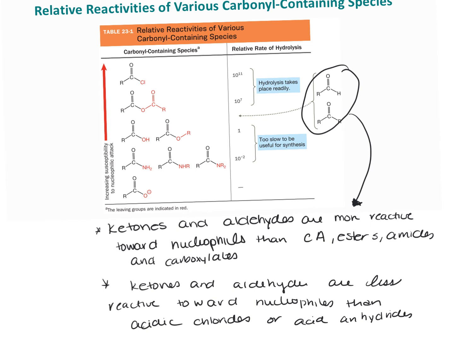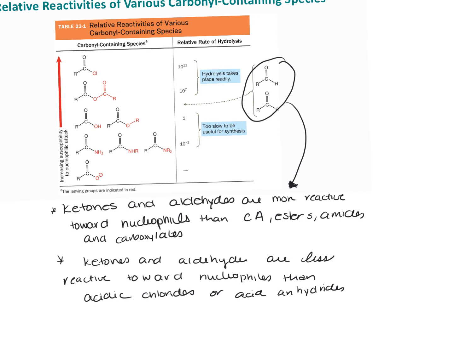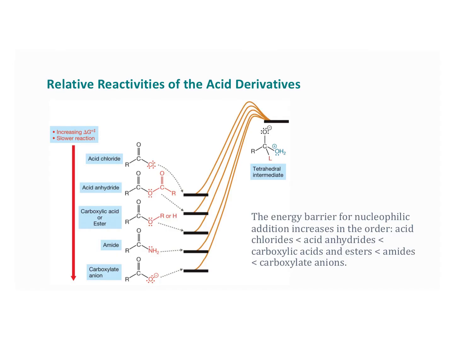And so what these hydrolysis rates tell us is that the energy barrier for the nucleophilic addition increases in the order of acid chlorides to acid anhydrides to carboxylic acids and esters to amides and carboxylate anions. And so when we look at this as far as a kind of energy diagram, right, this goes in the same order as the stability ladder.